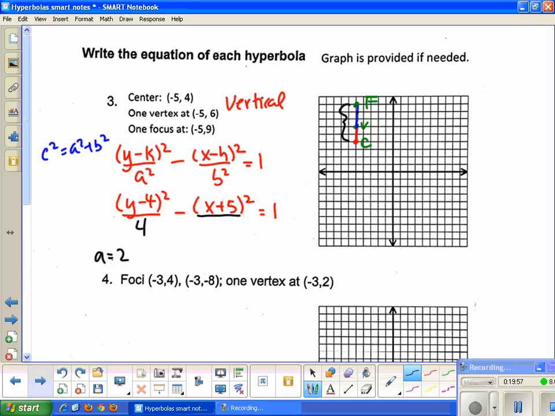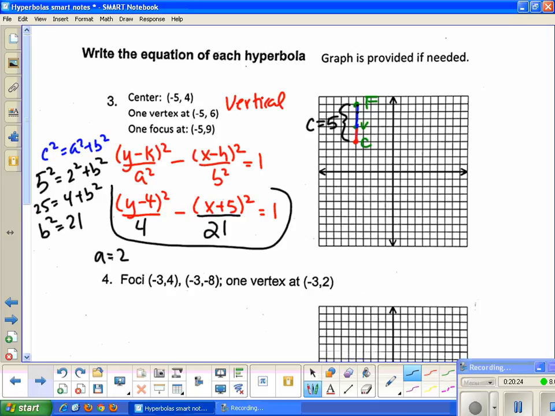So 1, 2, 3, 4, 5 is my c value because it's the distance from the center to the focus. So we have 5 squared equals 2 squared plus b squared, so 25 equals 4 plus b squared. So in this case, we get b squared equals 21, and I don't even need to take the square root of that because I use b squared in my equation, and that would be everything that I need.